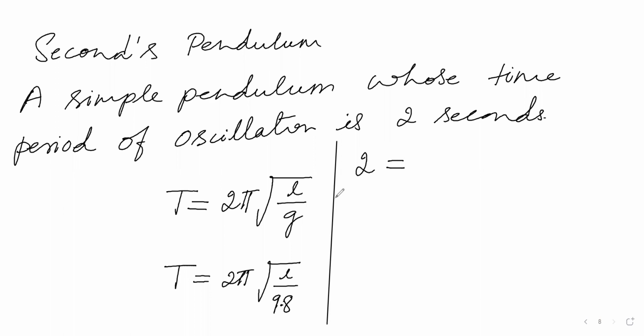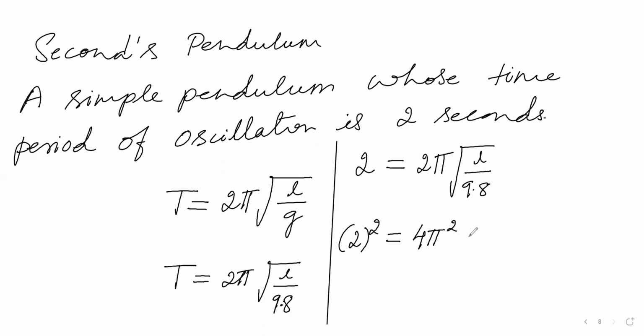So T is taken as 2 here, and 2 pi into square root of L divided by 9.8. Now, we have to square both LHS and RHS. Then 2 square equals 4 pi square, and the square root will get cancelled, so we are left with L divided by 9.8.